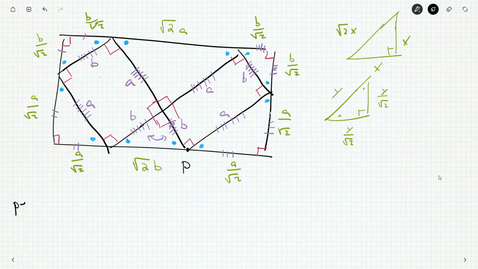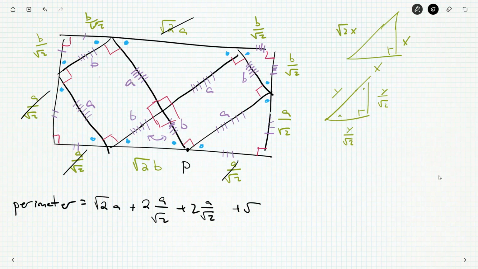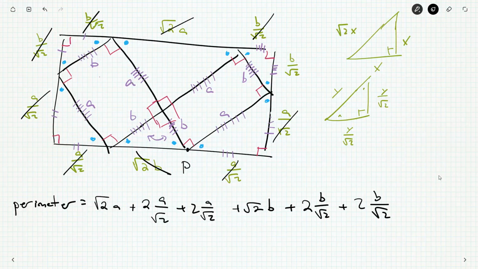The perimeter, the thing that we care about, is root 2a plus 2a over root 2 plus another 2a over root 2. And then we have root 2b plus 2 copies of b over root 2 plus 2 more copies of b over root 2.